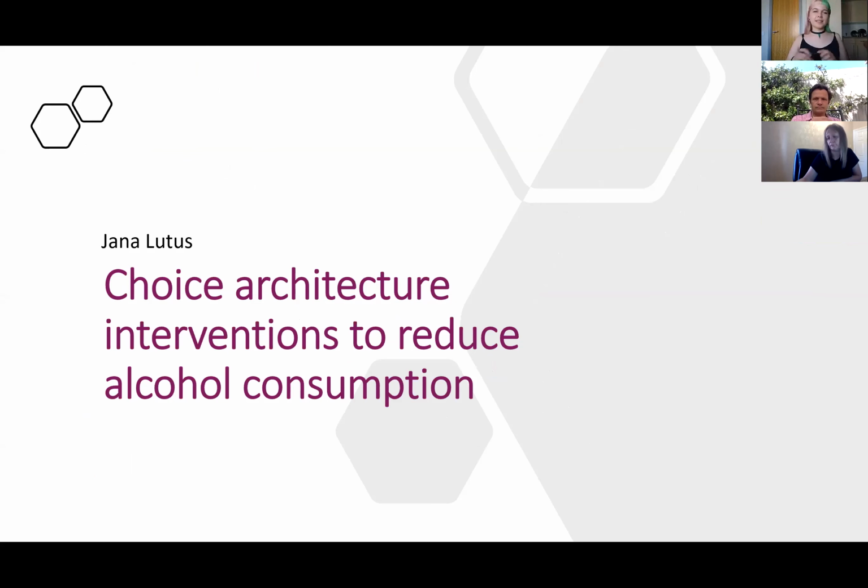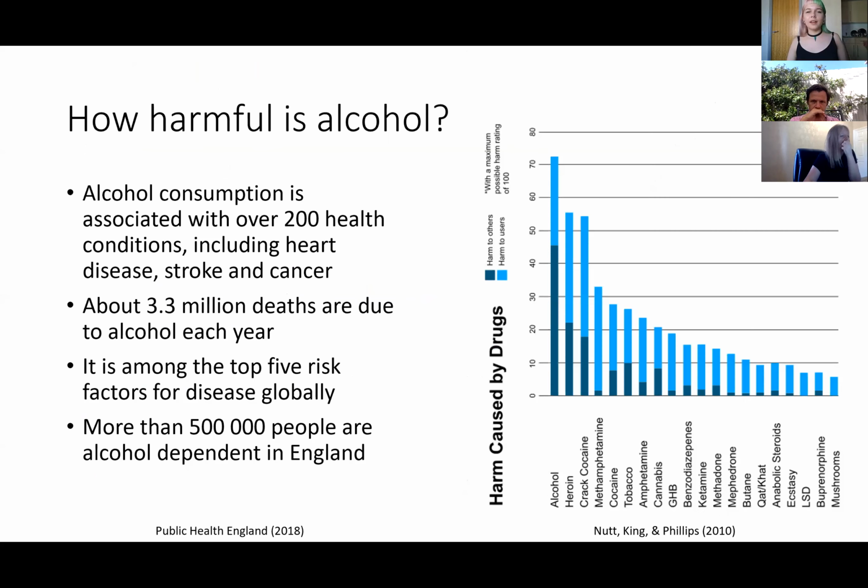So today I'm going to be talking about choice architecture interventions to reduce alcohol consumption. I'm pretty sure that most of you know this, but just in case, alcohol consumption is associated with over 200 health conditions, including heart disease, stroke, and cancer, and about 3.3 million deaths occur each year due to alcohol.